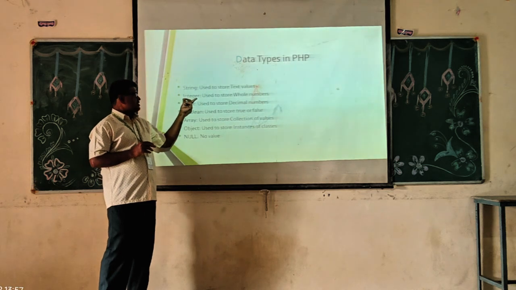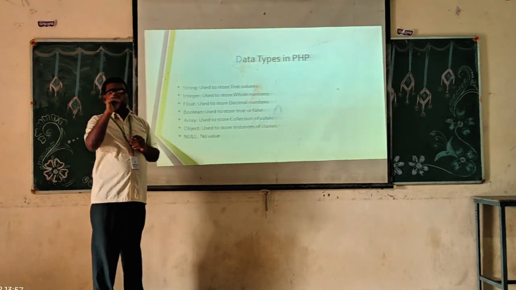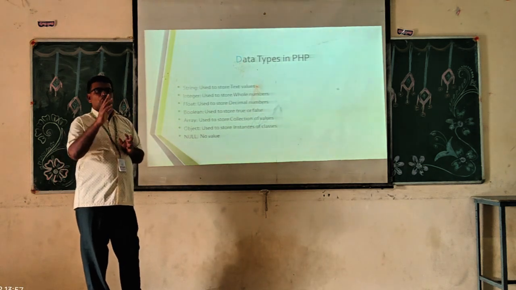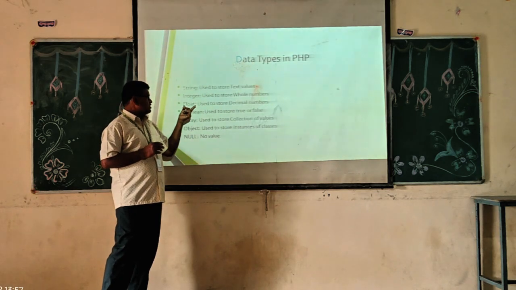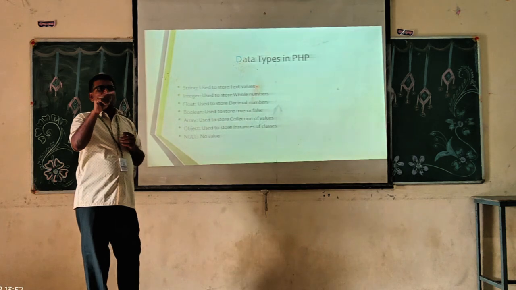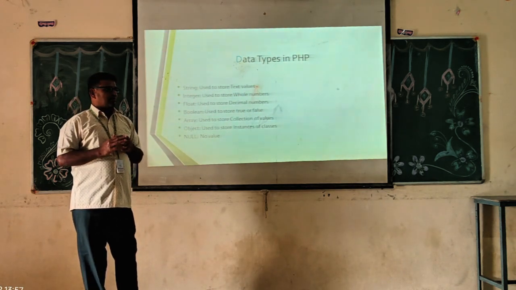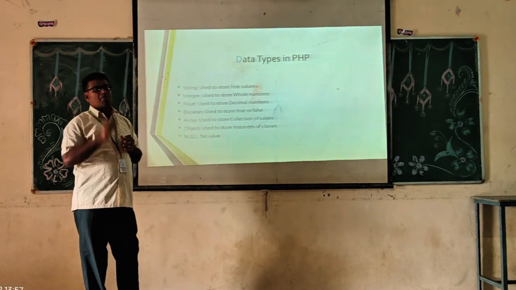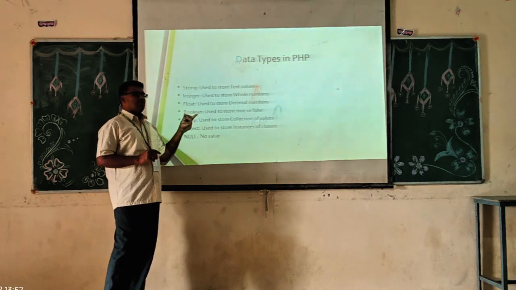And next, integer. It stores whole numbers, that means 0 to 9. This is the second data type, integer. The third one is float. It is a decimal number, for example 19.00 or 20.25, using the period operator for the decimal value. And the next data type is boolean.